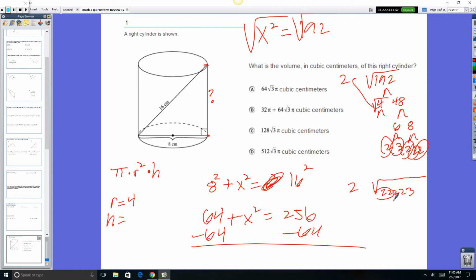That is a square, that's a square: 2 squared, 2 squared, 3. The square root is going to undo those squares, so another 2 is out, another 2 is out. So I've got 2, 2, 2 out, and on the inside is 3. Multiply all those 2's together, so this is 8 square roots of 3.